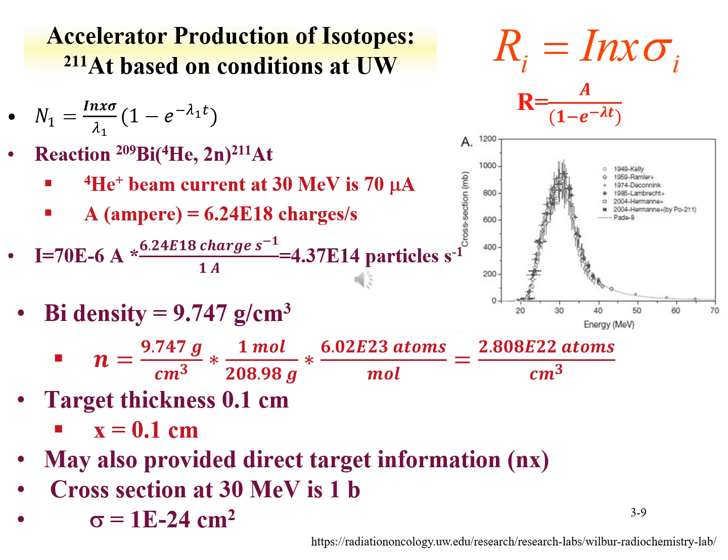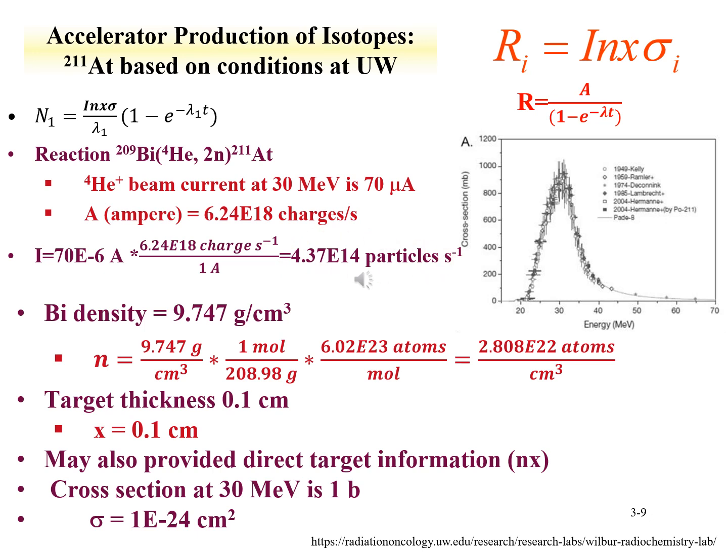And since the helium projectile is monovalent, 1 helium projectile is 1 charge. So from the 70 microamps, you multiply that by 6.24 times 10 to the 18th charges per second per amp, and you get 4.37 times 10 to the 14th particles impinging on the target per second.